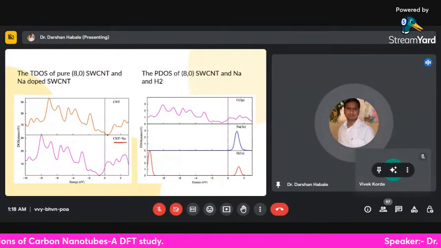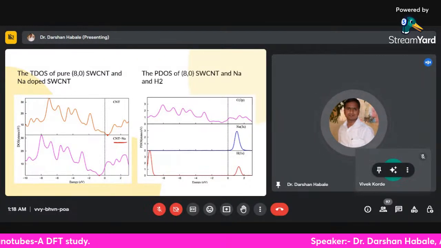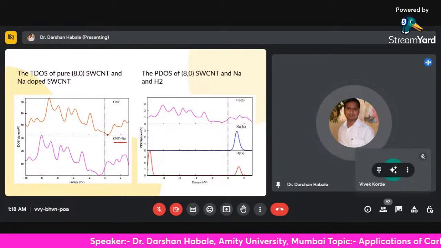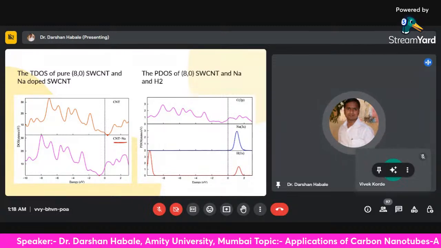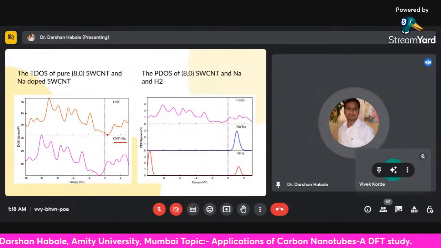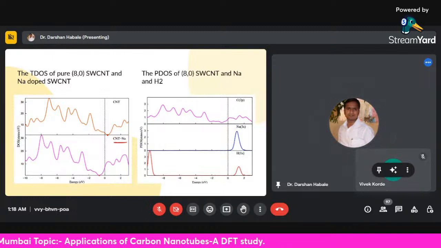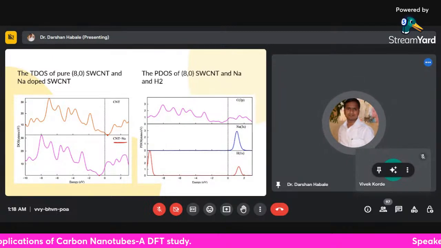Here, for these hydrogen bonding orbitals, around 9.5 there is a peak for the hydrogen. The first one is for carbon, the carbon 2p orbital, this blue one is the sodium 3s orbital, and this is the 1s orbital of hydrogen.